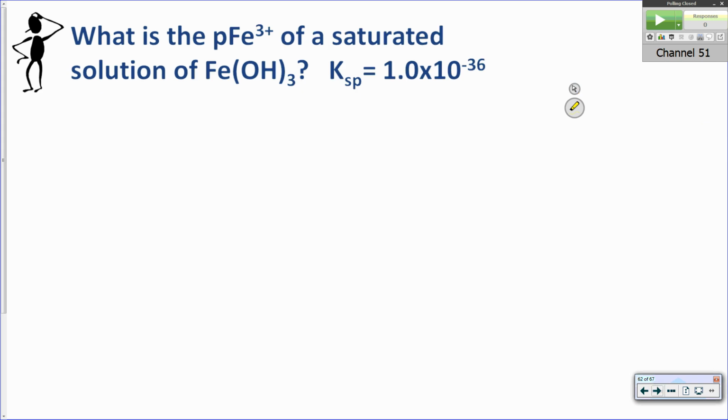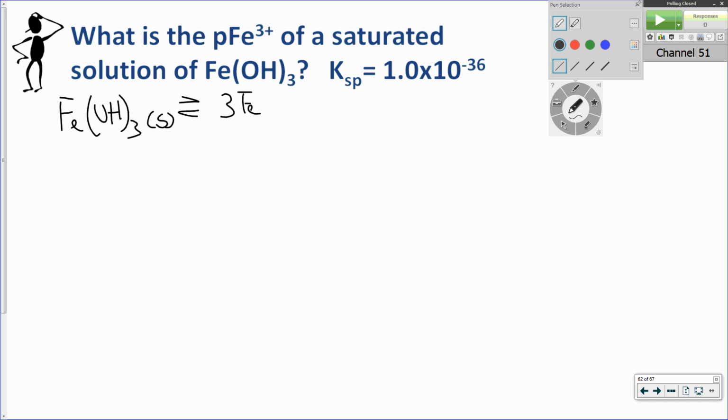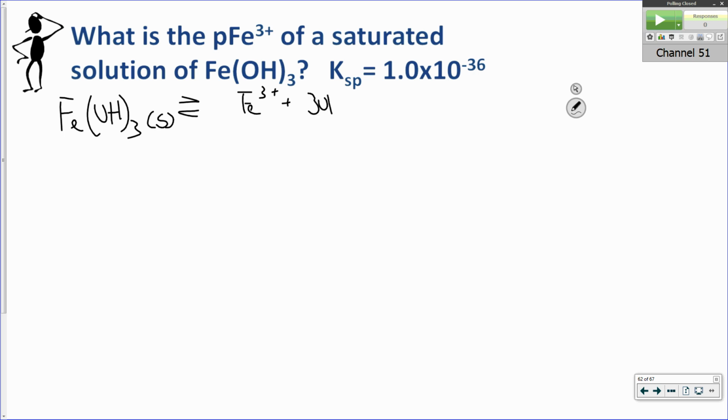Okay, so let's look at this one. Here's another one of the solubility problems. This one has a much lower solubility associated with it. Iron 3 hydroxide dissociates into the iron 3 cation plus 3 hydroxides.